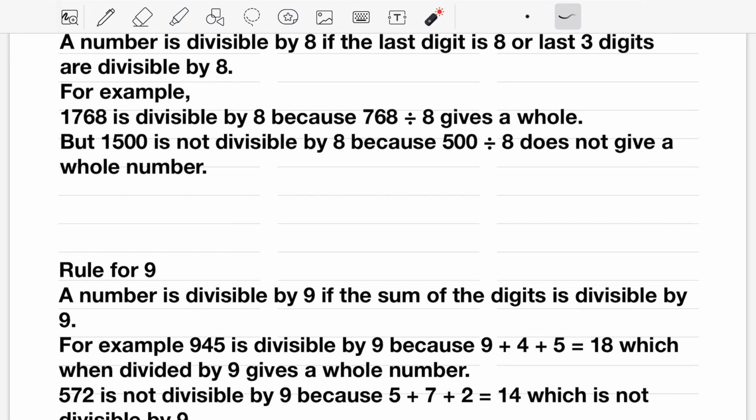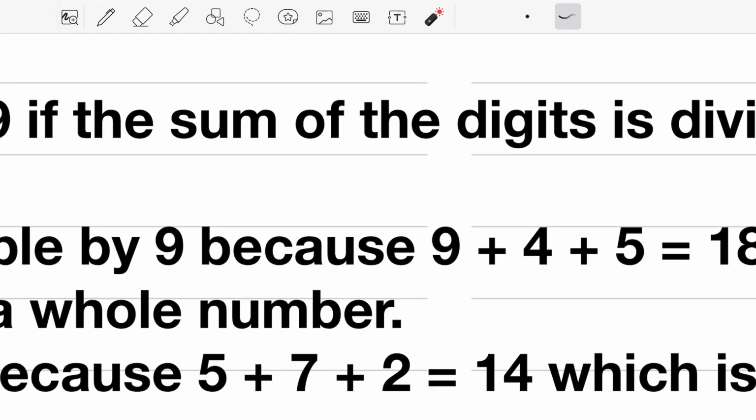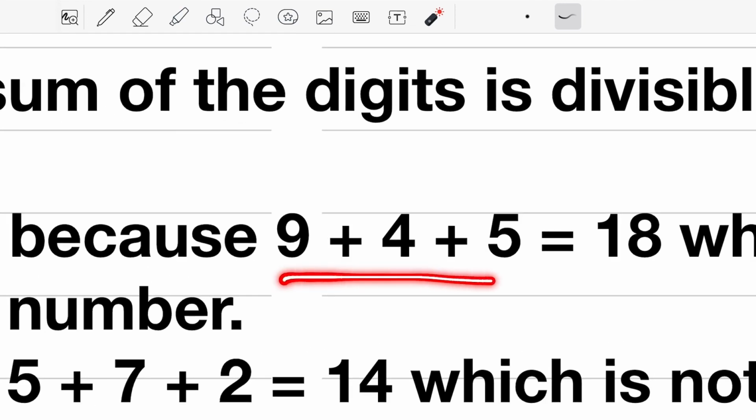And the last rule for 9, a number is divisible by 9 if the sum of the digits is divisible by 9. So this is similar to the rule for 3. So let's take a look at the example that we are given, 945. So we are simply going to add 9 plus 4 plus 5.